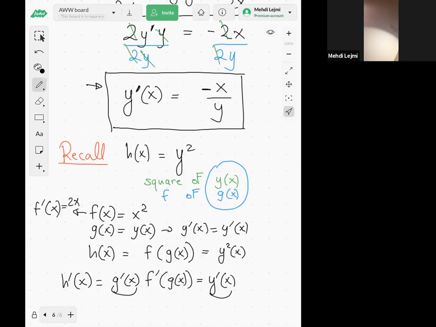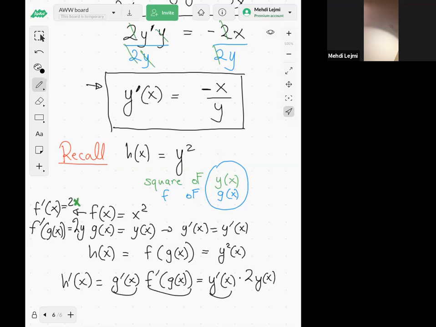Now, what's f prime of g? Well, you substitute x by g, and g is y, so f prime of g is 2y of x.